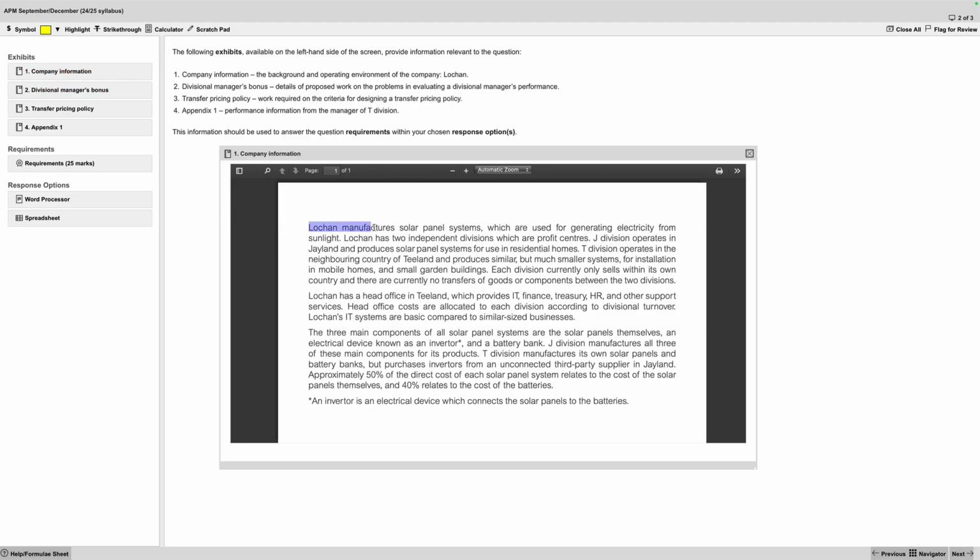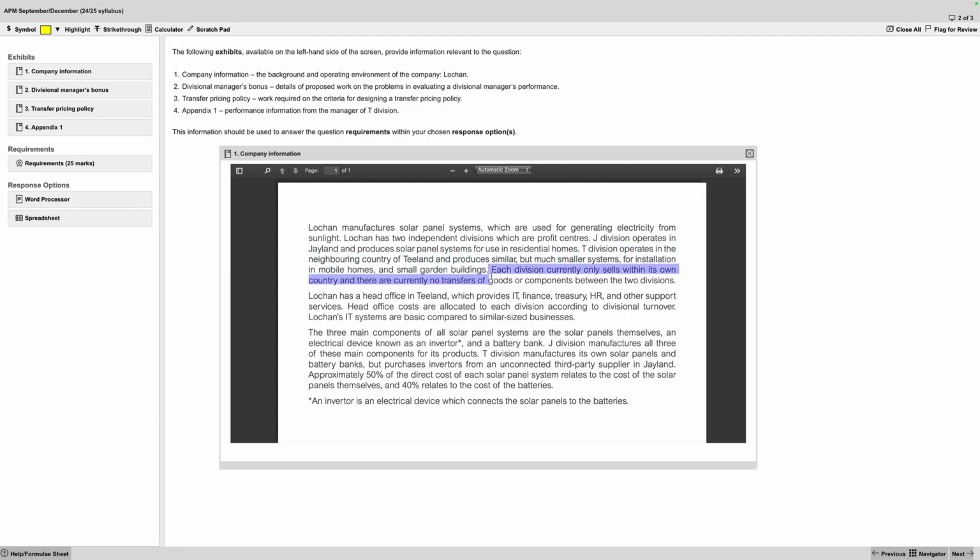So Clarke make solar panel systems which are used for generating electricity from sunlight, as all solar panels are. They have two independent divisions. J Division operates in J-land and makes solar systems for homes. T Division operates in the neighbouring country of T-land and produces similar but smaller systems for mobile homes and small garden buildings.